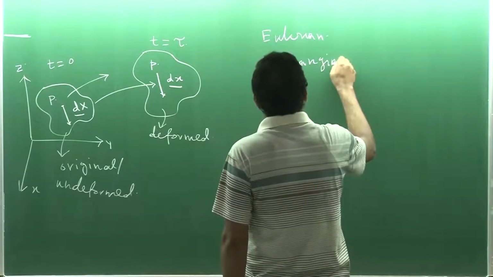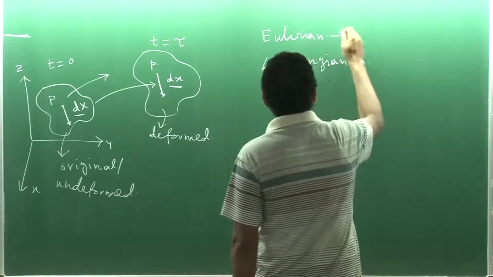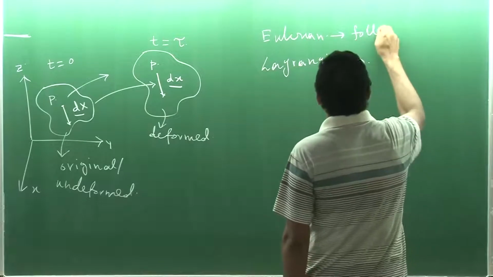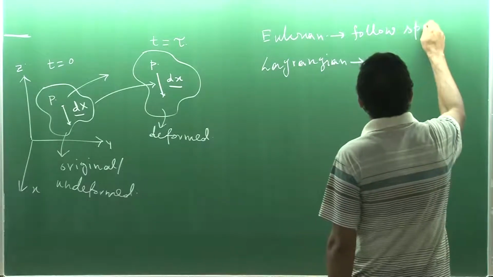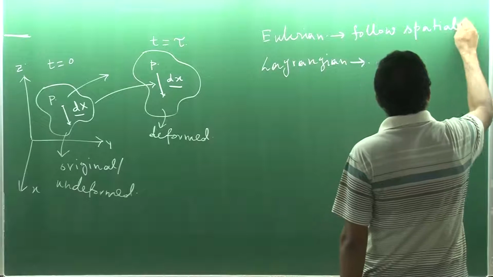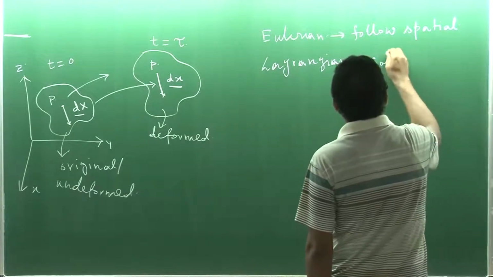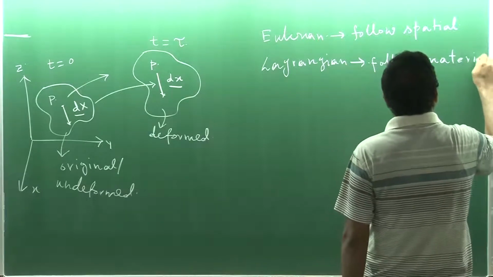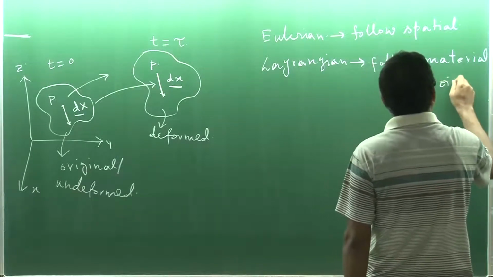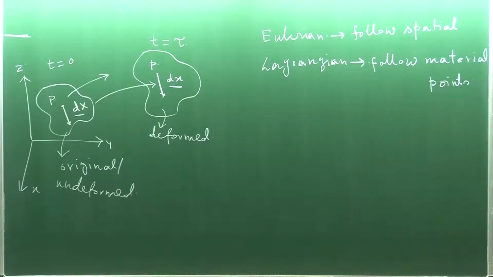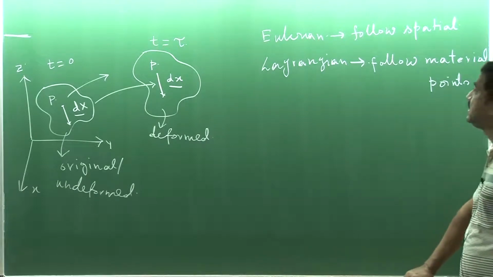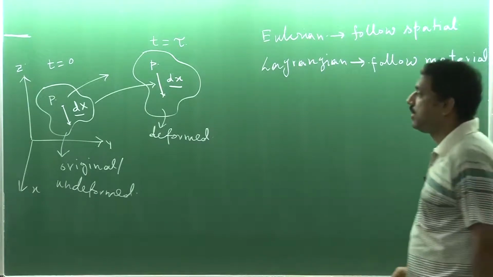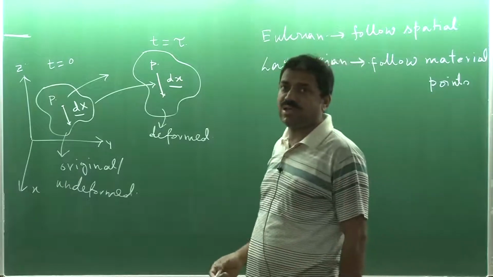In Eulerian we follow a spatial point, and in Lagrangian we follow a material point. So, we fix our position in space in the Eulerian description, whereas in the Lagrangian description we follow each individual material point and study the motion.